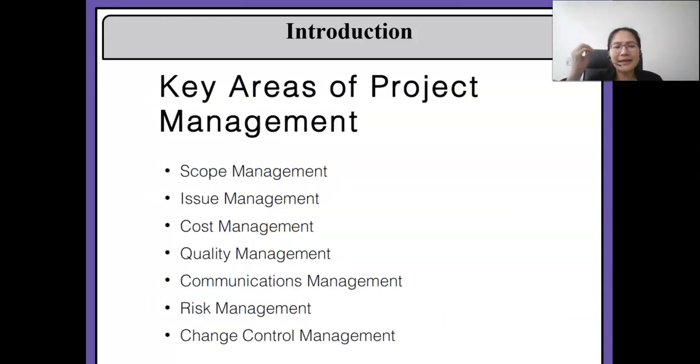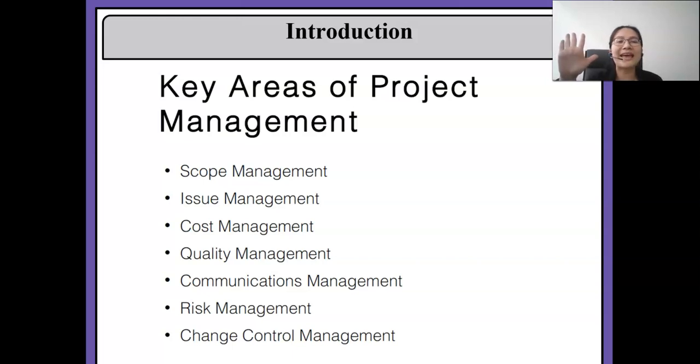Okay. There are some keys to control in project management. 1. Scope management. You must make sure the scope is correct. Issue management. Is there any problem to complete my project? Cost management. Budget. Quality management. Does it fulfill the quality or not? Communication management.